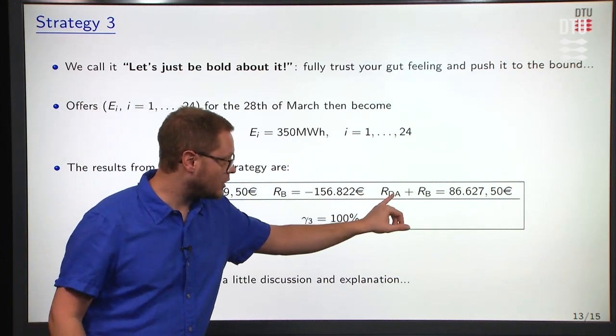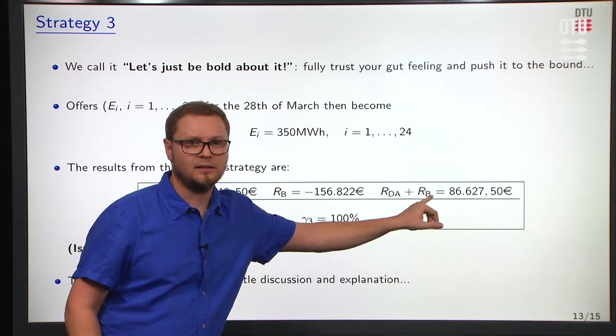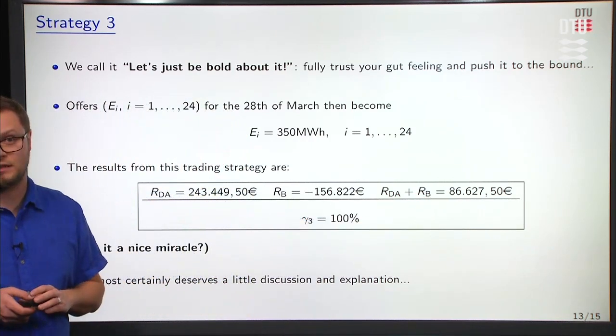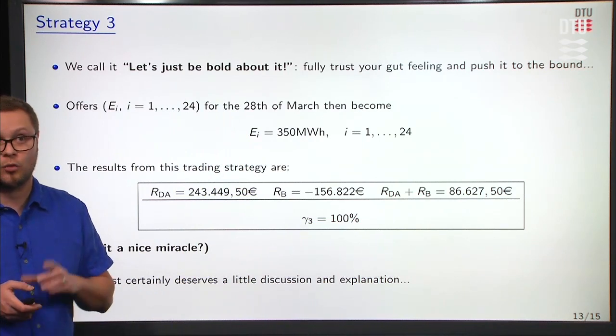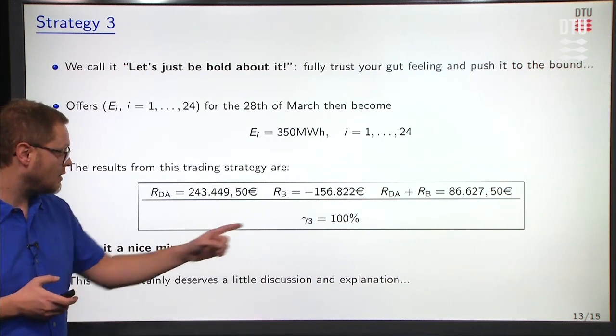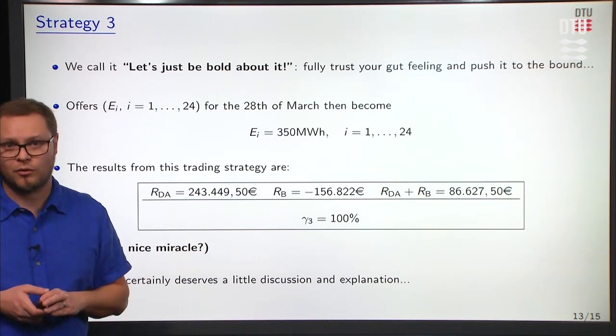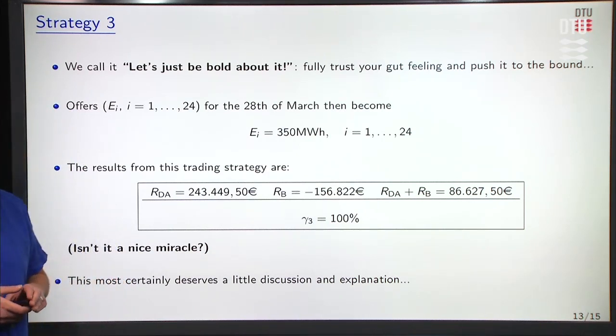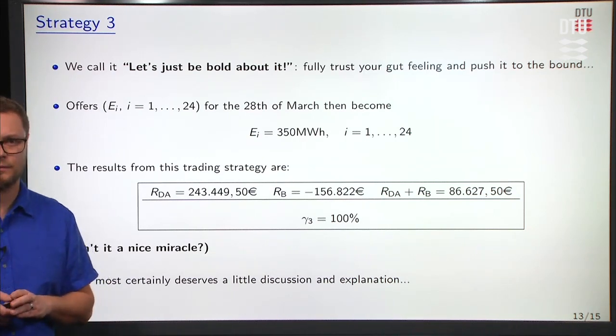But eventually, if we combine day-ahead and balancing market, we get 86,627 euro and 50 cents, which was the revenue we got with perfect information. So our performance ratio is 100%. It's like having perfect information. Isn't it a nice miracle? I guess this deserves a little explanation.